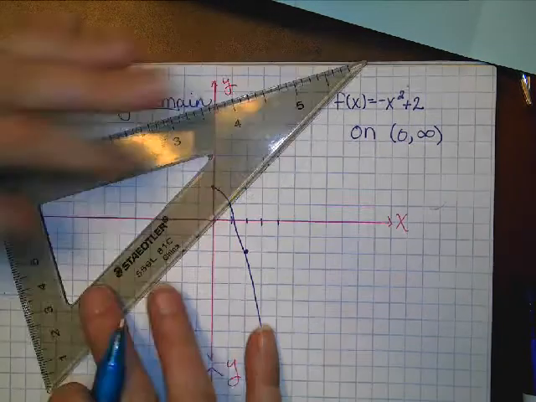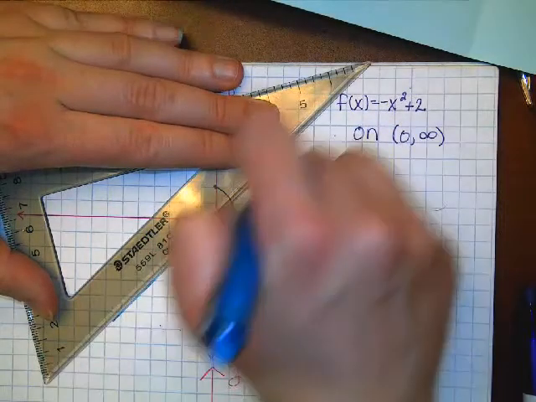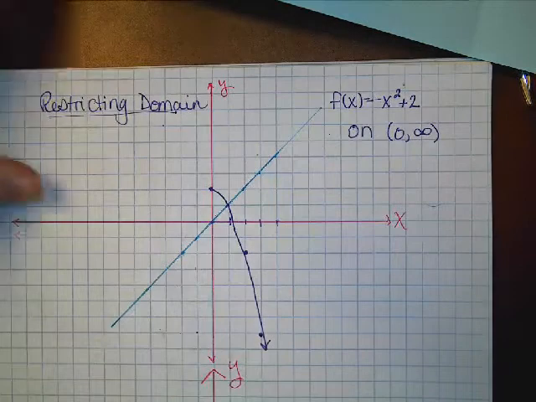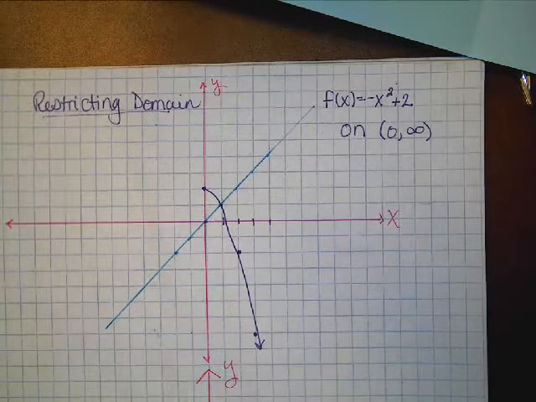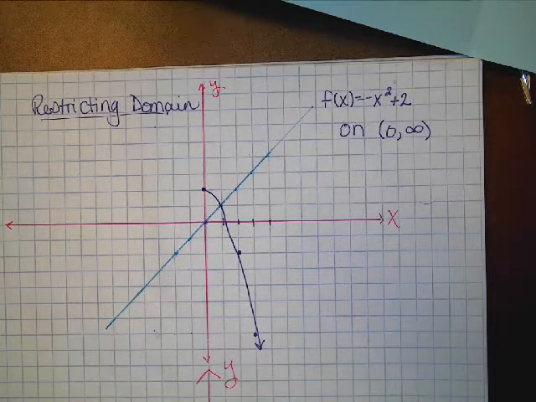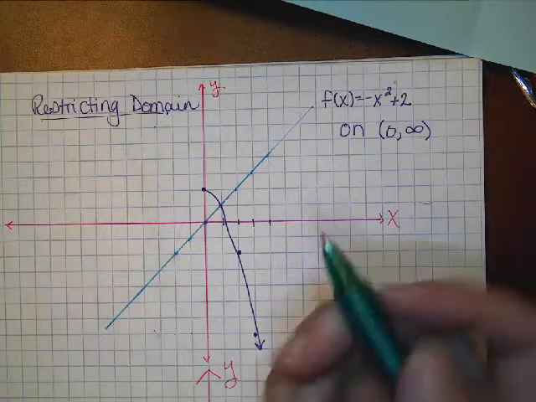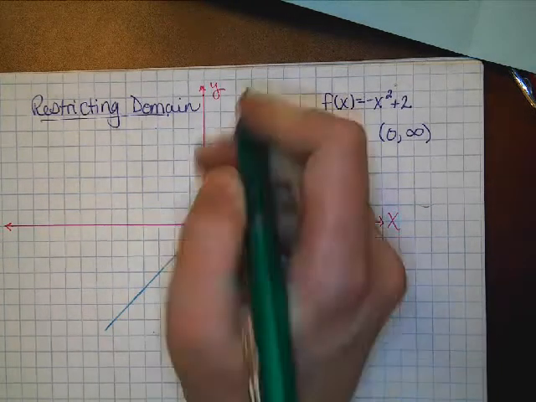Now, find the inverse. To find the inverse, I'm going to draw the line y equals x. So this is the line y equals x. And I'm going to imagine reflecting it over that line.